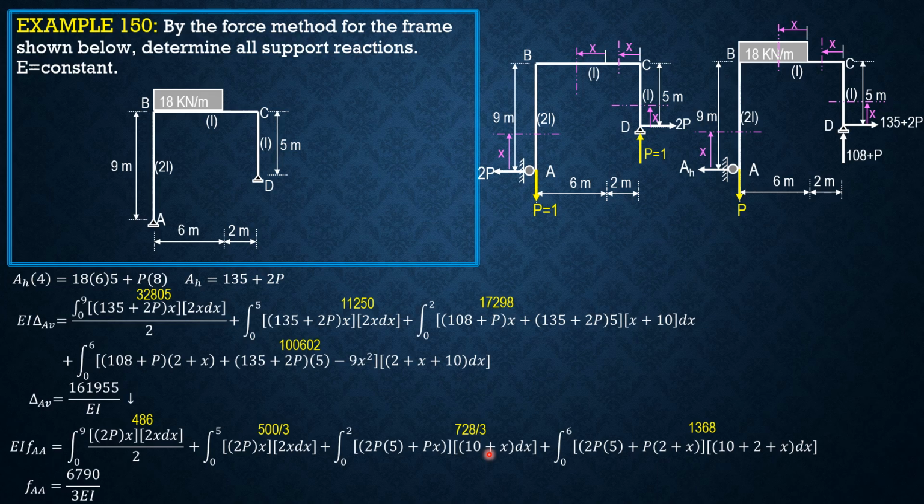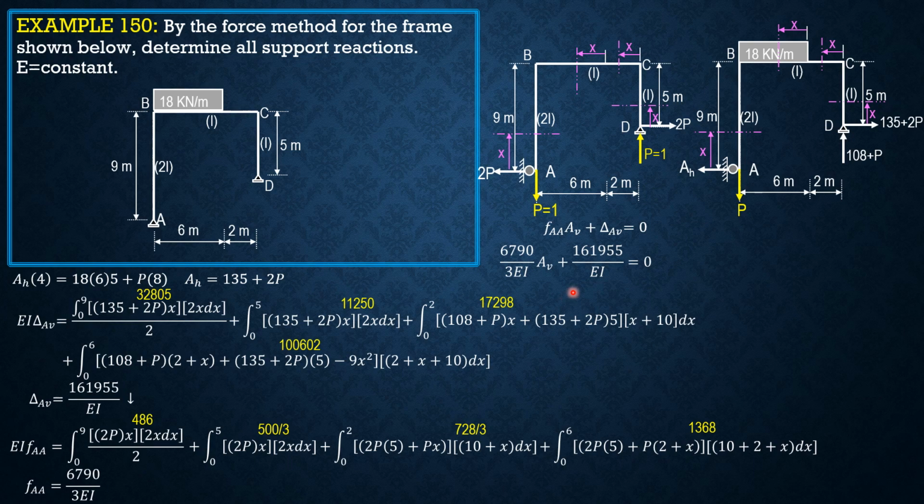Then compatibility equation, FAA times vertical reaction at A plus delta AV equals 0. So solving for A vertical, substituting 6790 over 3EI AV plus 161955 over EI equals 0.